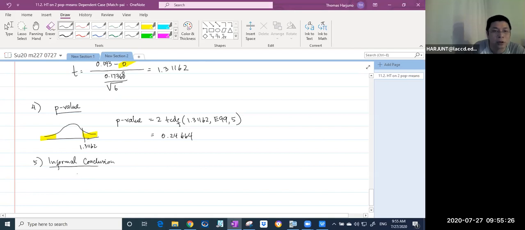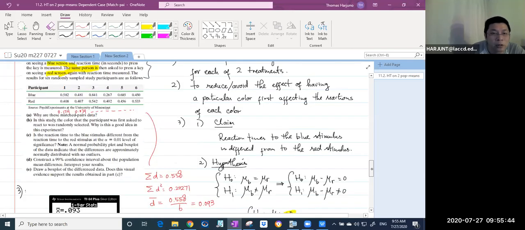So step 5, informal conclusion. Fail to reject the null hypothesis again. And then step 6, the conclusion. I didn't even look at the alpha there, but what's the alpha they want? 1%.